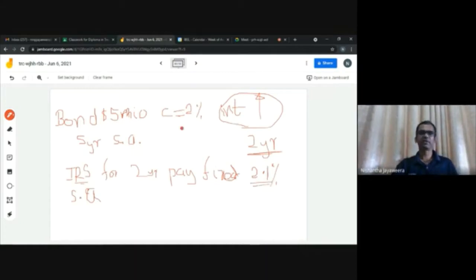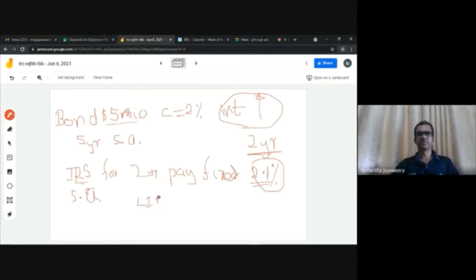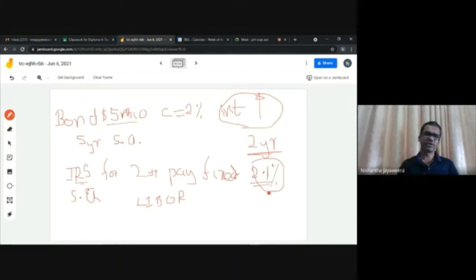You agreed to pay on 5 million 2.1%. Floating rate is LIBOR. Assume floating rate is LIBOR. Whenever LIBOR goes up beyond 2.1, you get that cash flow. So it may compensate the reduction of this price, at least partially, or maybe fully.